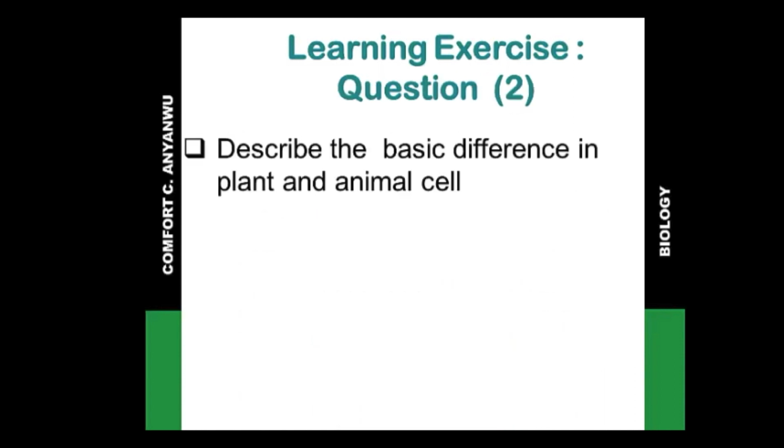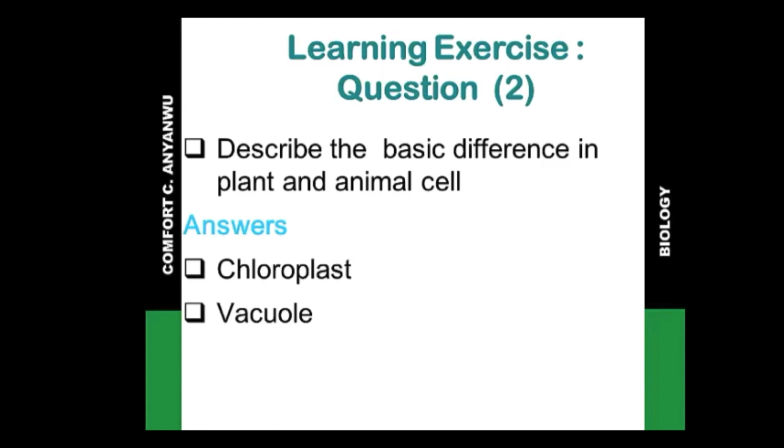Question 2. Describe the basic differences in plant and animal cells. If you can remember, chloroplast, vacuole, and cell wall, these are the 3 parts that you do not have in animal cells.